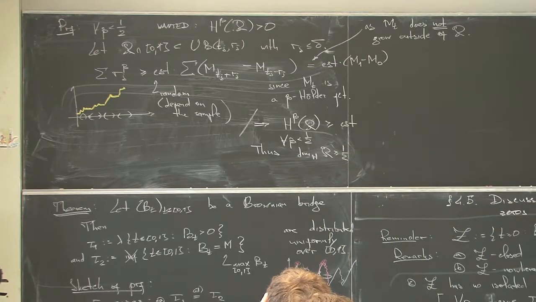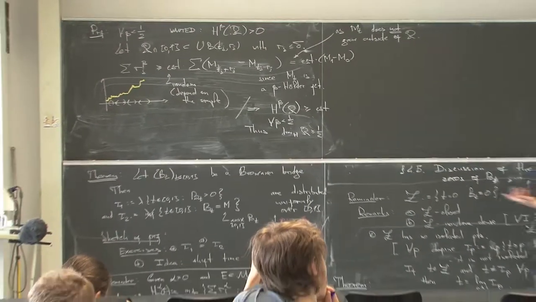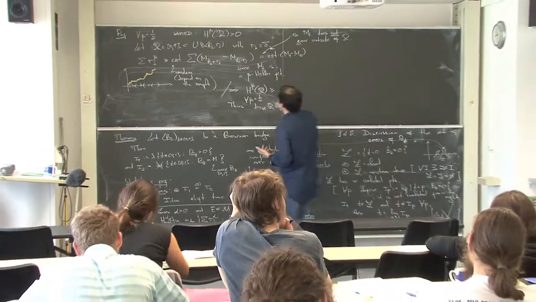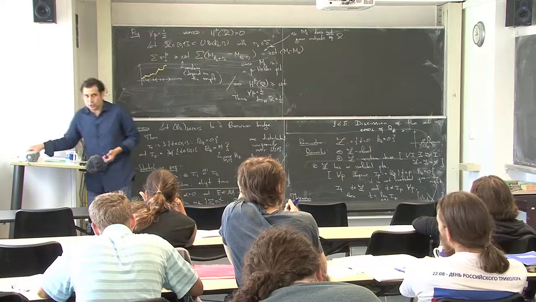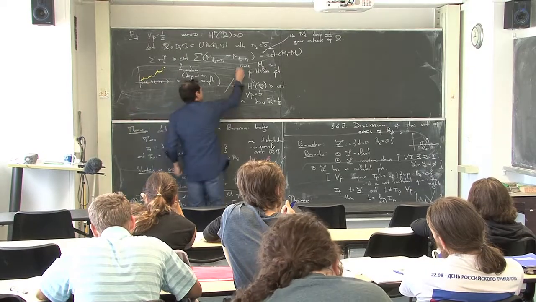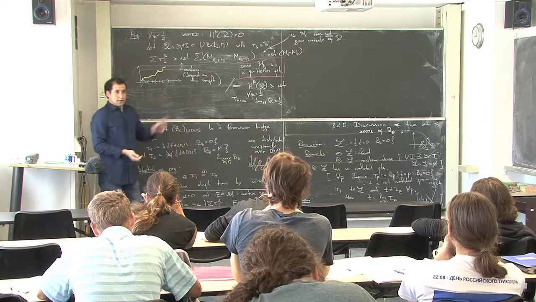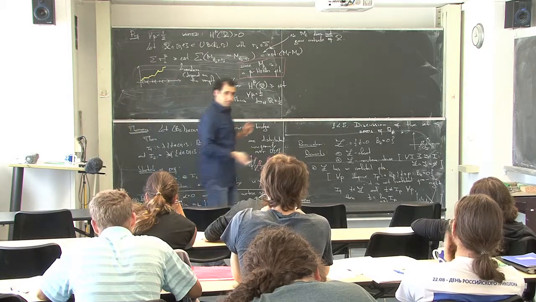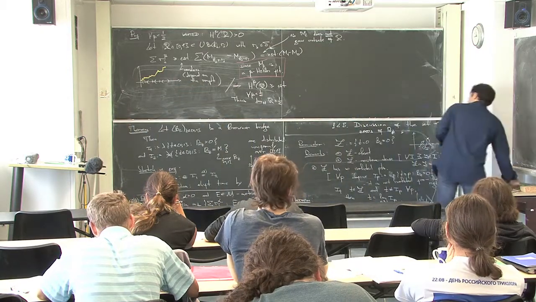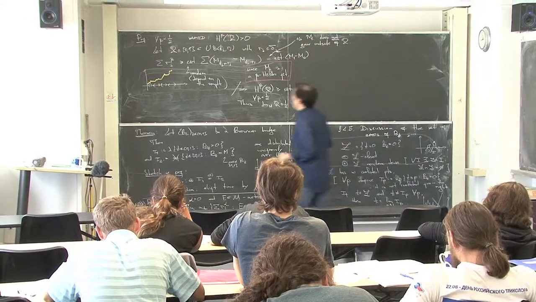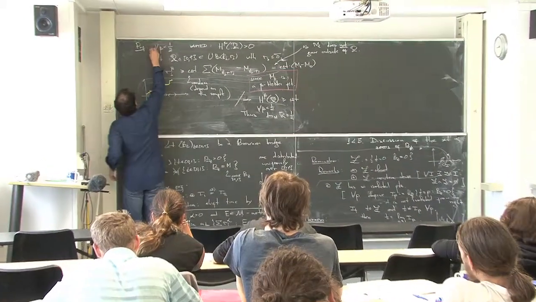So basically, the only piece of non-trivial information we used is that the Brownian motion is Hölder continuous. So here is an important piece of information. Okay. It was the first part.